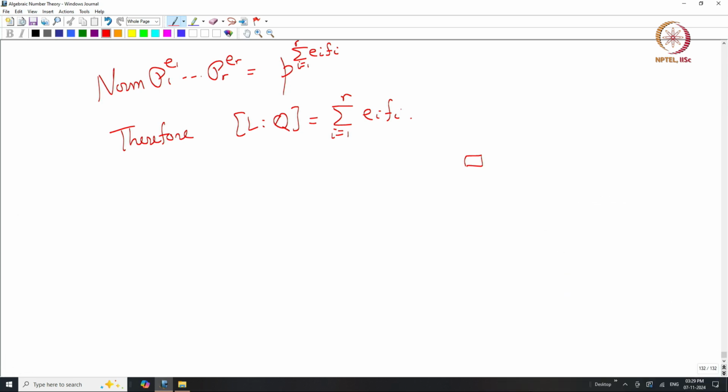So, what we have done today is we looked at how a prime ideal in a number field factorizes when you extend it to a bigger number field, and we defined important invariants attached to it like ramification index, residue degree and number of primes above it.